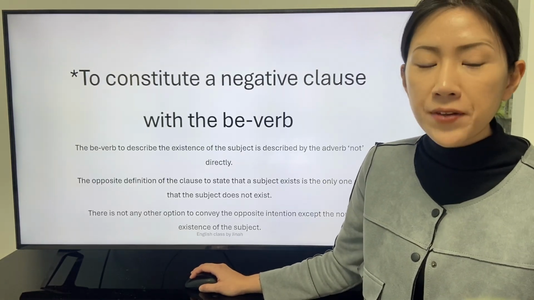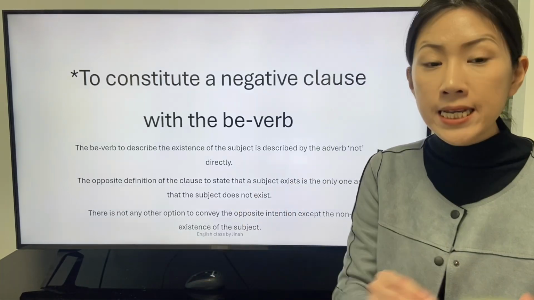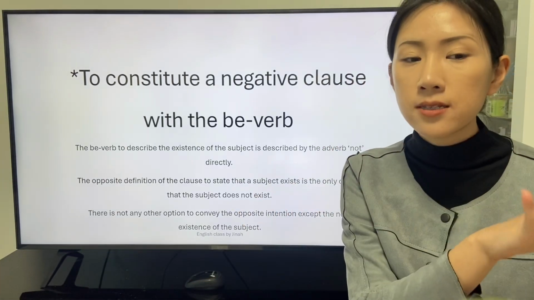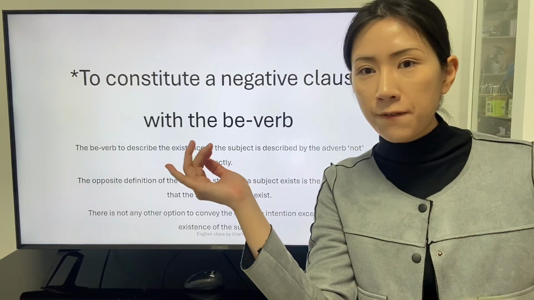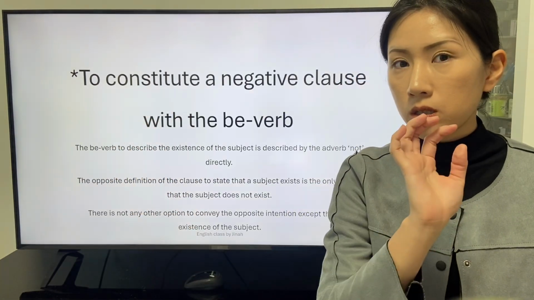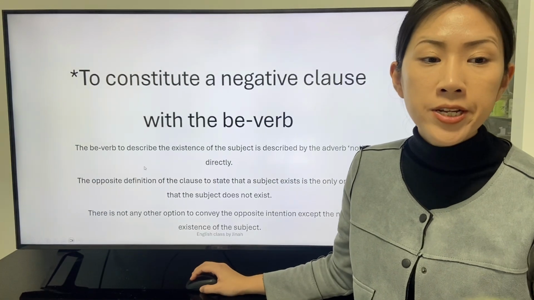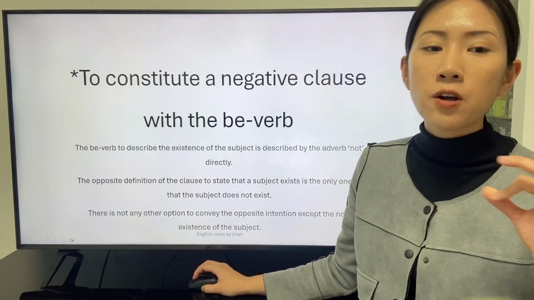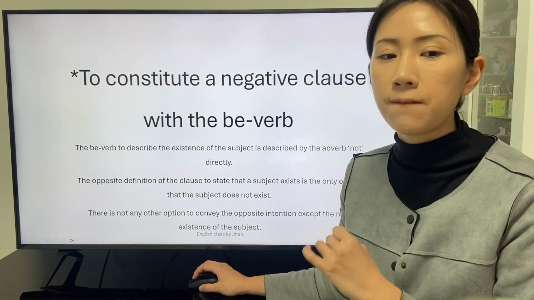The opposite definition of the clause to state that a subject exists is the only one, that the subject does not exist. The opposite definition of the existence is only one, the non-existence. There is not any other option to convey the opposite intention except the non-existence of the subject.